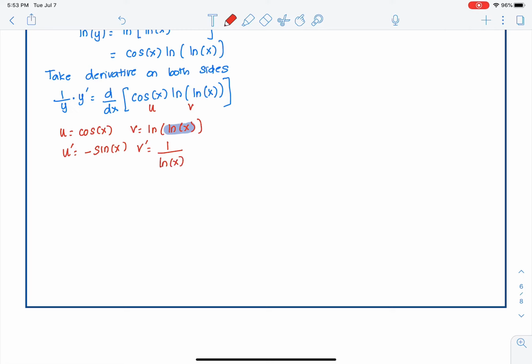But we realize that it is a function of x and not x by itself. So we multiply by its derivative. We have 1 over x.